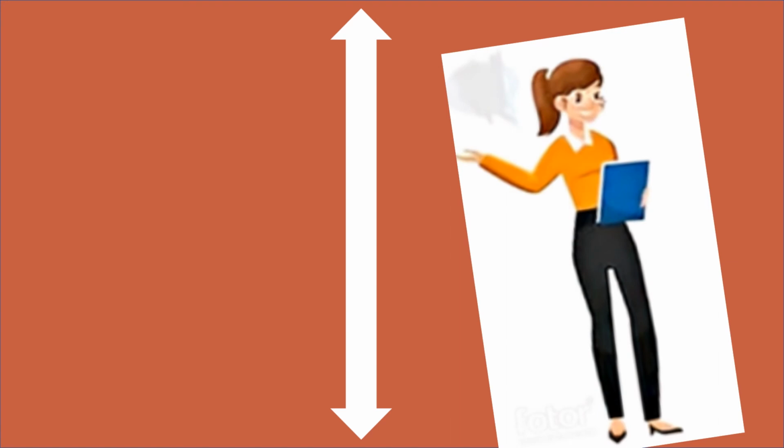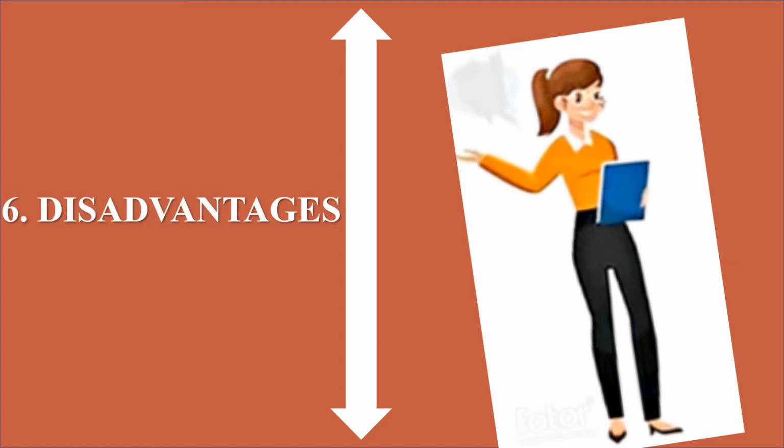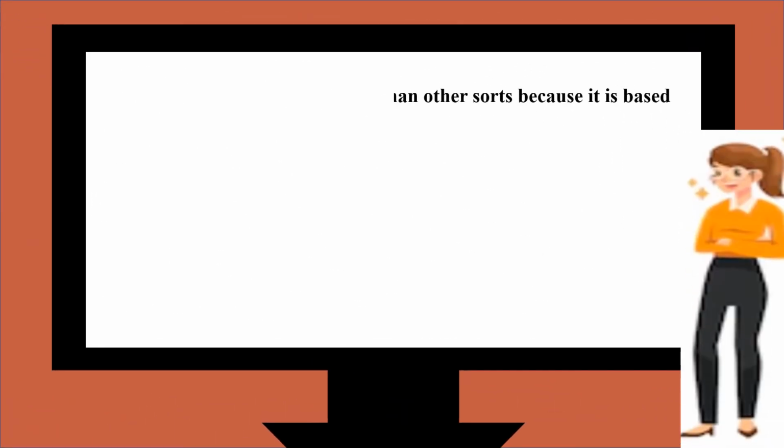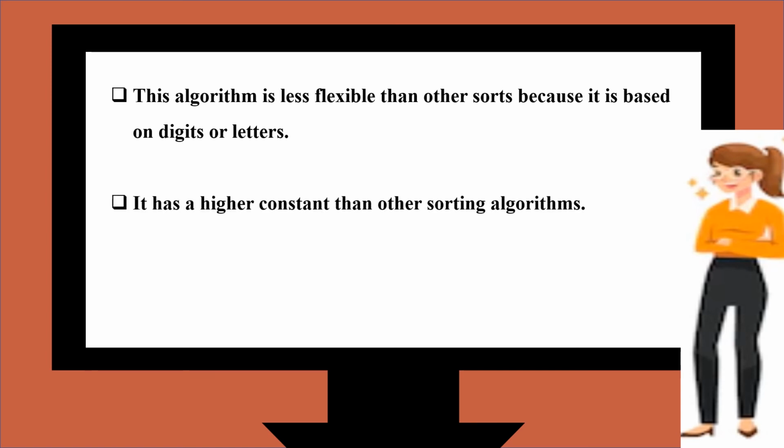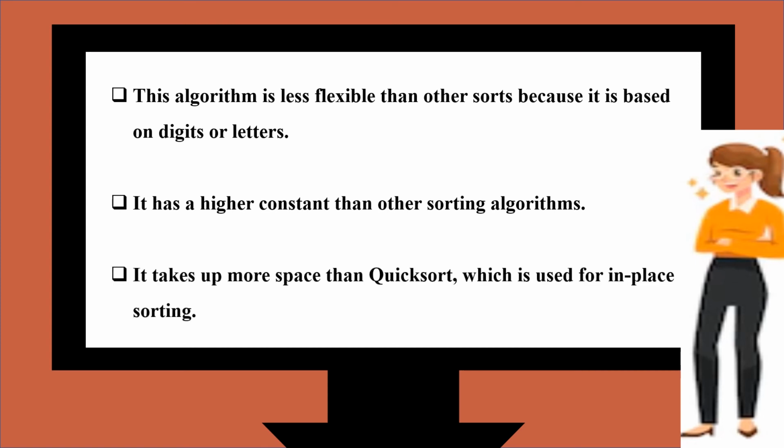So now let's look into the disadvantages of radix sort algorithm. The first disadvantage is that it is less flexible than other sorts because it is based on digits or letters. The second is that it has a higher constant than other sorting algorithms.